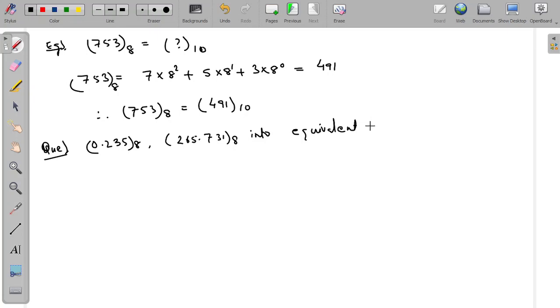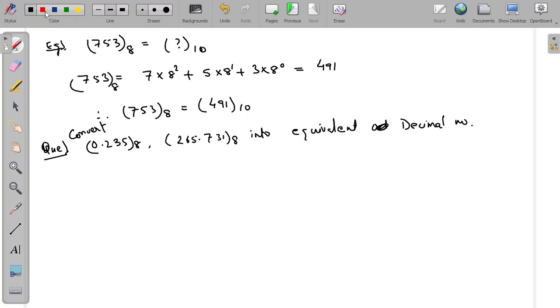Evaluate these numbers into equivalent decimal numbers, or convert these numbers into equivalent decimal numbers. You can practice as many numbers as possible, so that will actually increase your confidence.